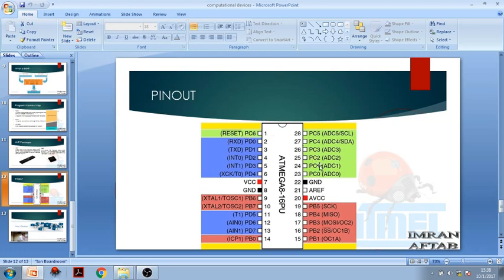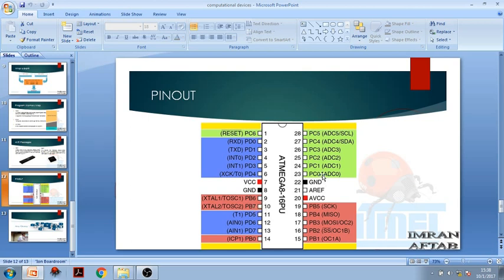Exceptionally, in port C we have 7 pins, but in port B and port D we have 8 pins. Here we started with PB0 and end with PB7. That means in total we have 8 pins.